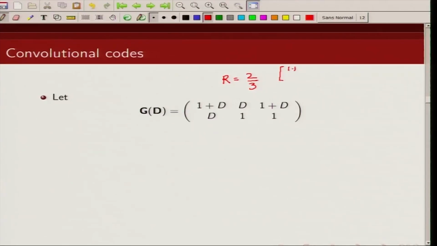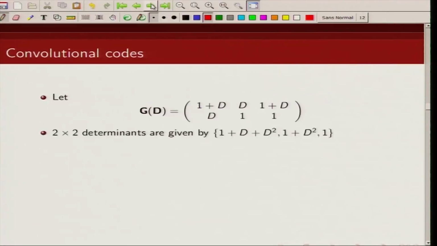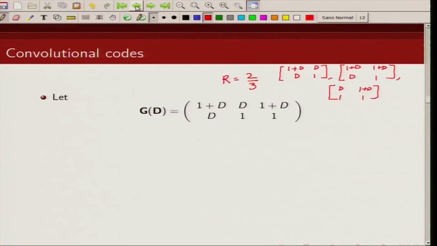One of them is this, 1 plus D, 1, next one is 1 plus D, 1 plus D, and the third one is D, 1, 1 plus D. So, these are the 3 2 cross 2 submatrices, and we can find out the determinant in this case.